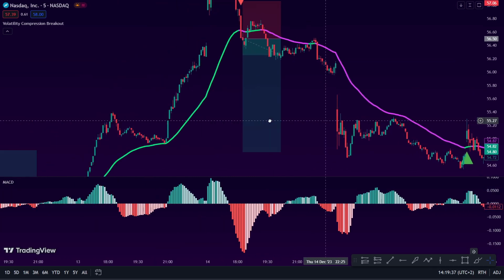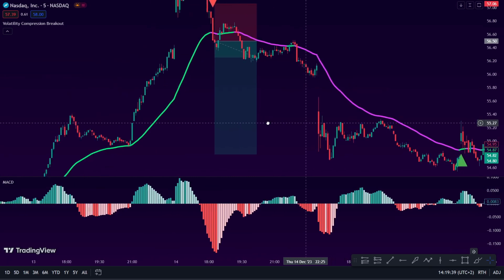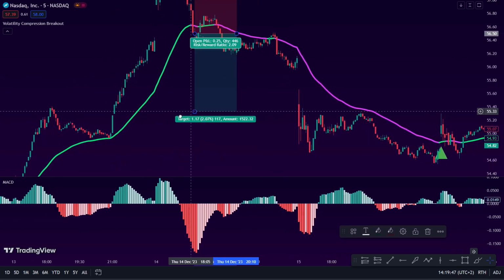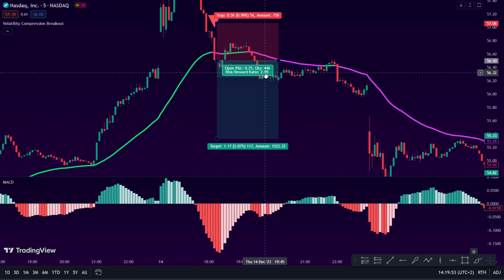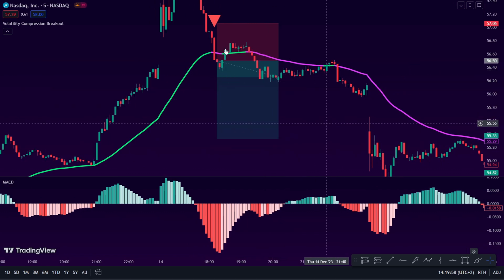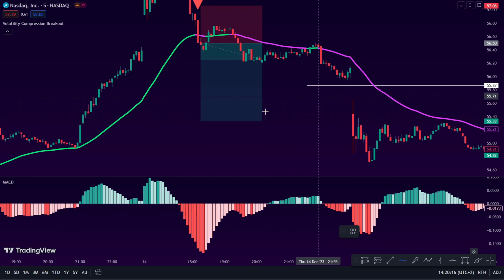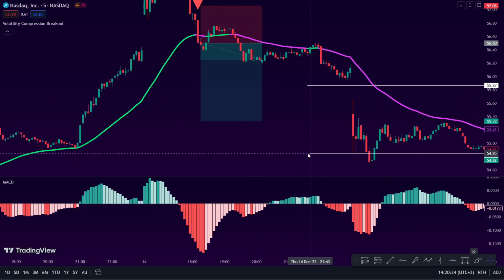This method allows us to follow the trend and protect our gains. For example, I make our target here, my risk reward ratio 2, and if it reaches here, I again put the stop, for example here, and again I adjust my target place, for example, a little bit below.